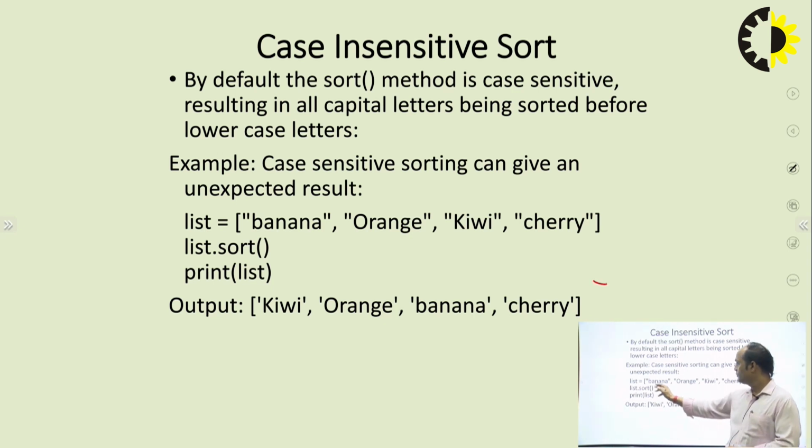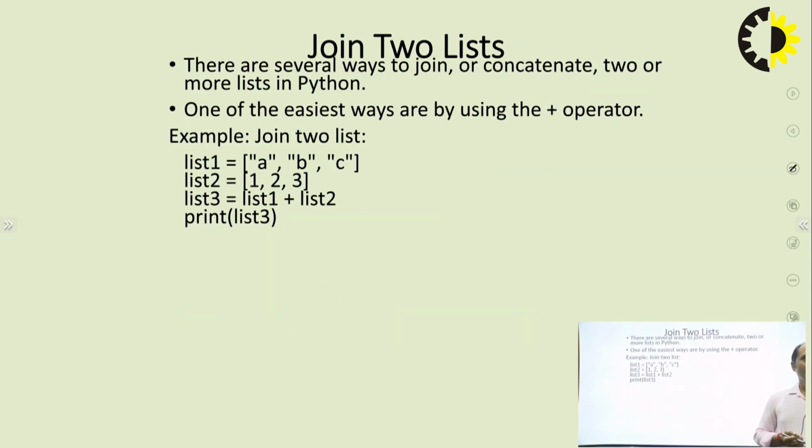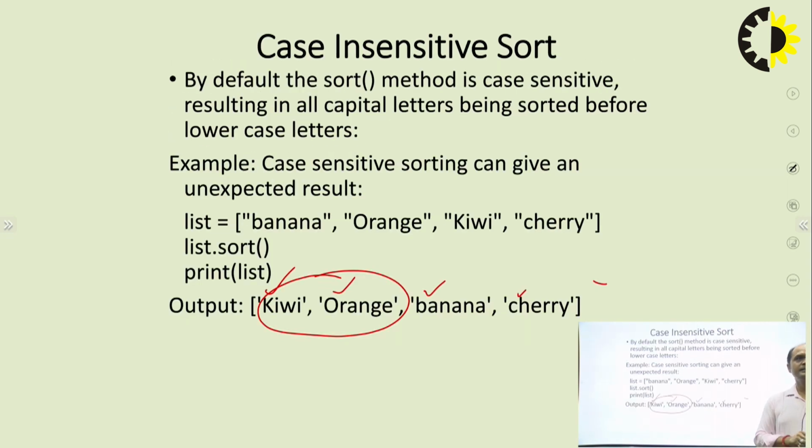So how will we use list dot sort? Kiwi and orange contain a capital first letter, and banana and cherry are small letters. So capital letters on one side, small letters on the other side. So it is also used for case insensitive sort.